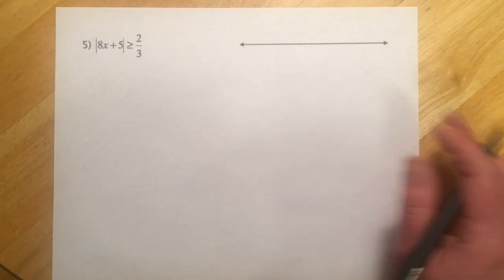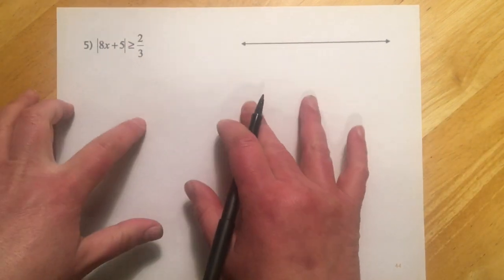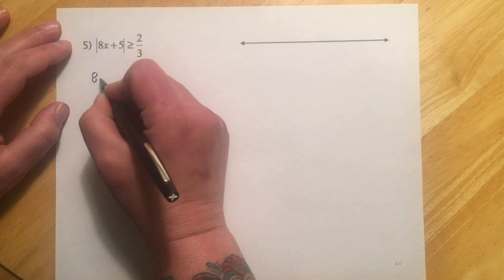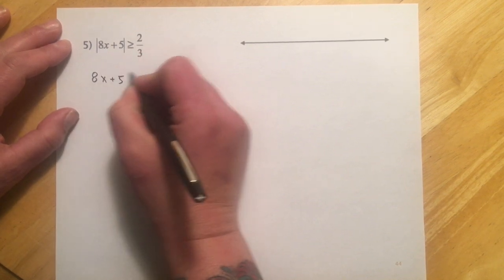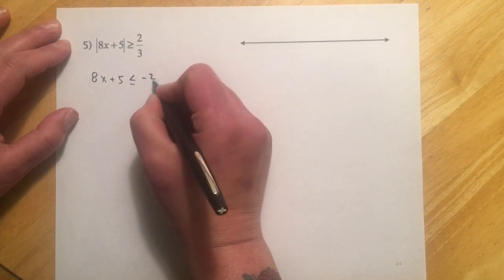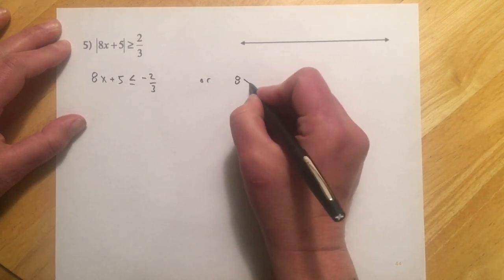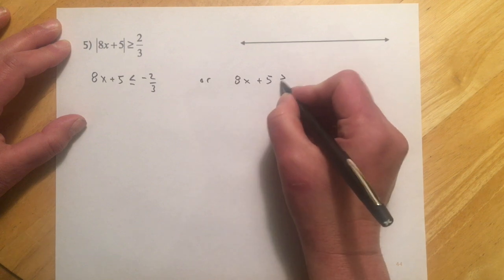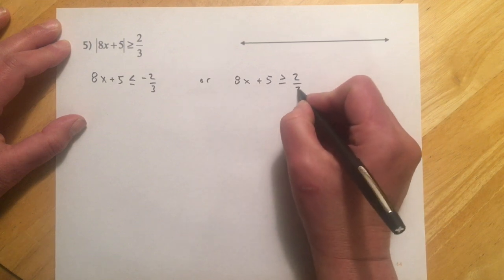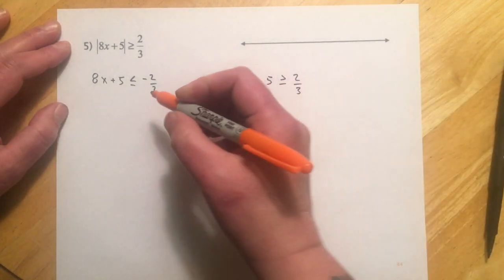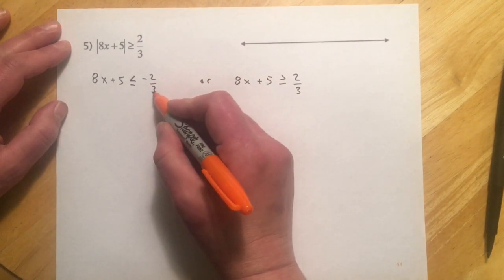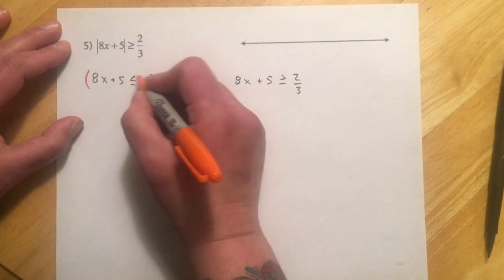Okay, so this time we get a fraction greater than, so we're going to set up the 2 branches. So 8x plus 5 is either less than or equal to negative 2/3, or 8x plus 5 is greater than or equal to positive 2/3. And I'm not loving the 3, so I think I will clear the fraction.